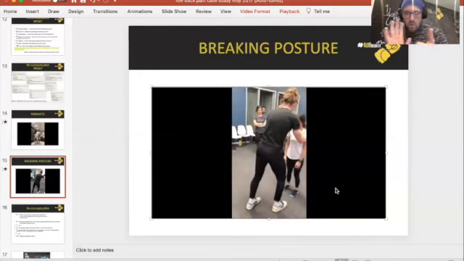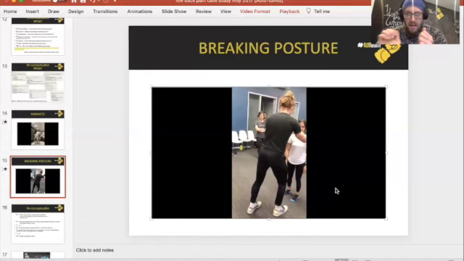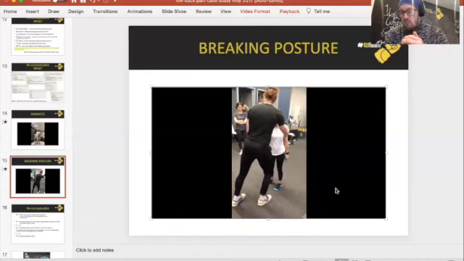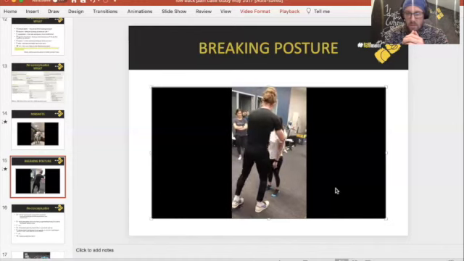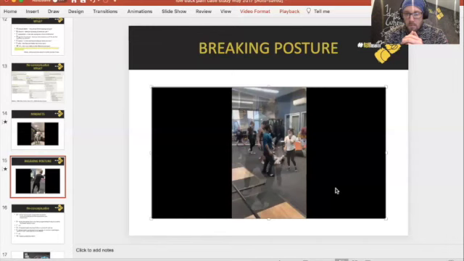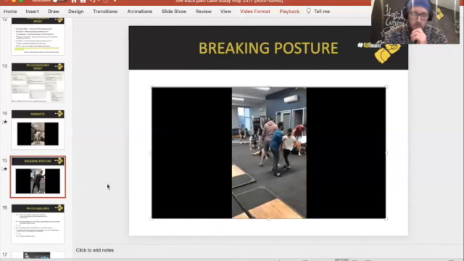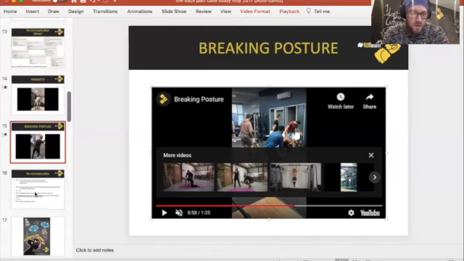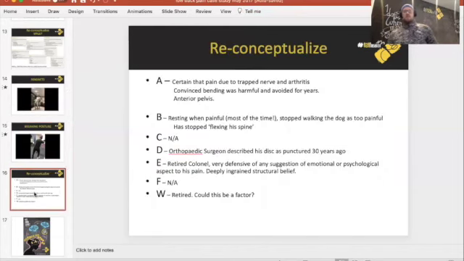And this can be going in all directions, and it's about trying to get that floppiness in the body that a relaxed body might have. Breaking posture, and that can lead into taking it all the way to the floor, or just really working on one body part.